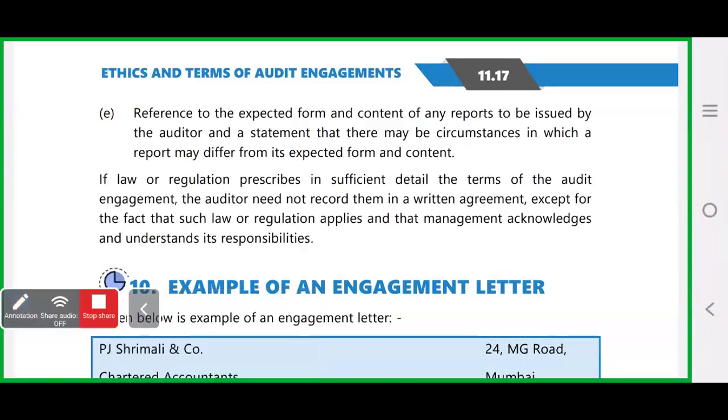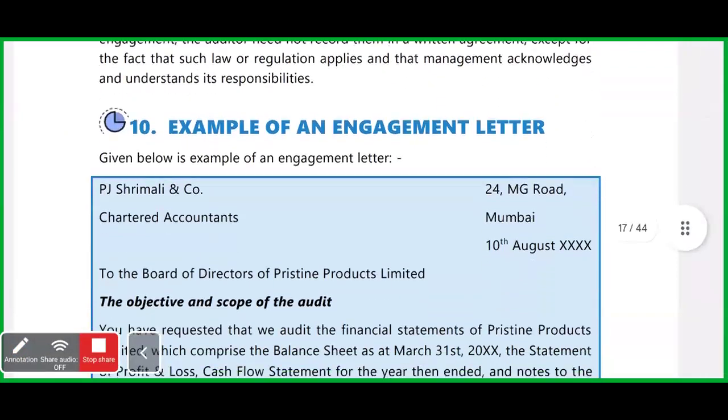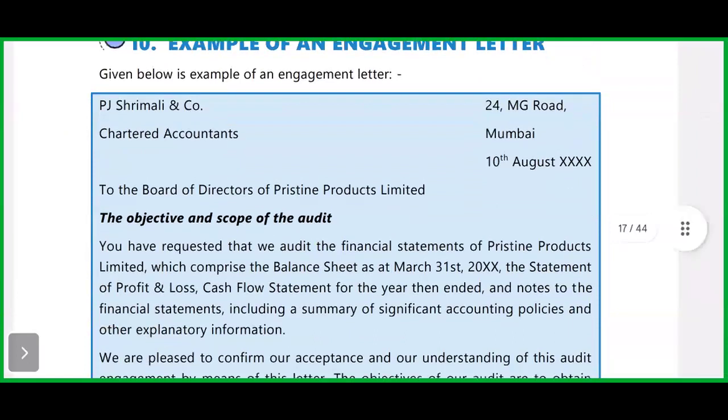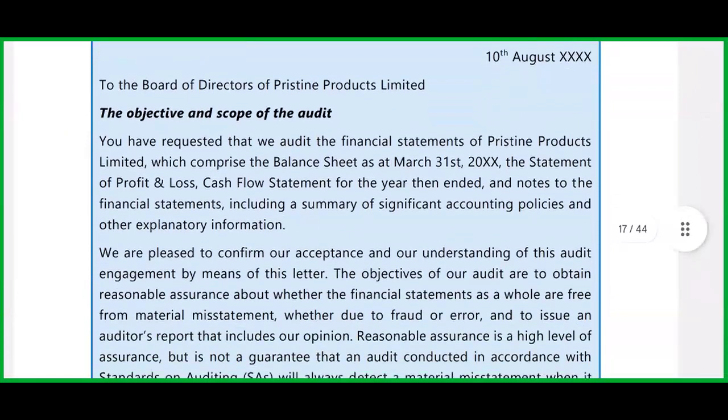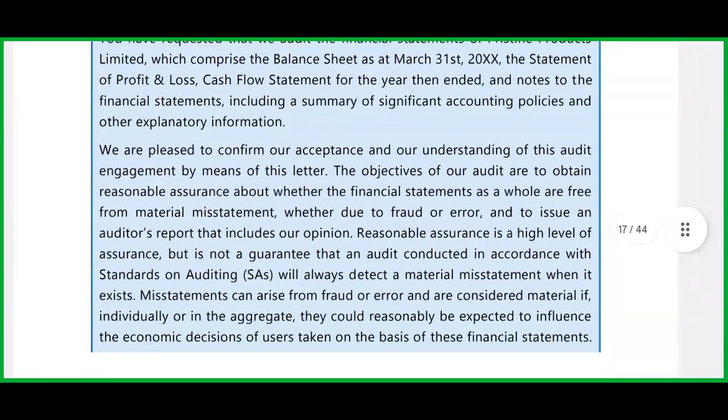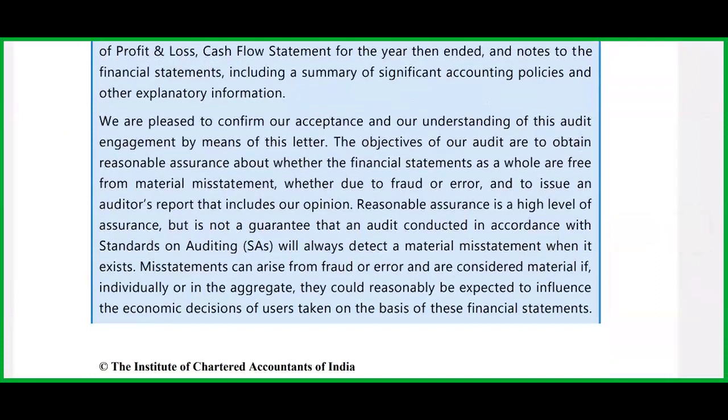So now here is an example of an audit engagement letter. Clearly the name of the chartered accountant, address, board objective, everything has been given here. So acceptance and understanding of the audit engagement is mentioned here.